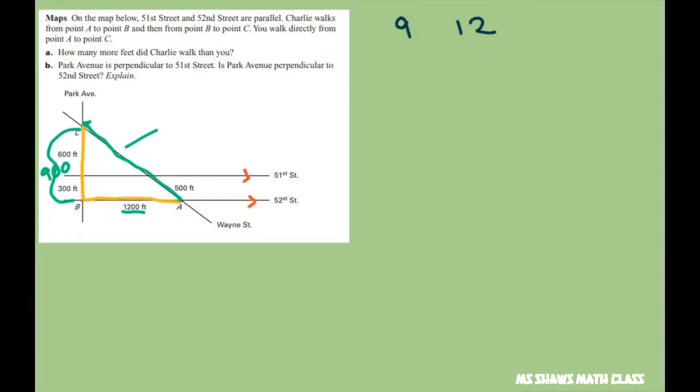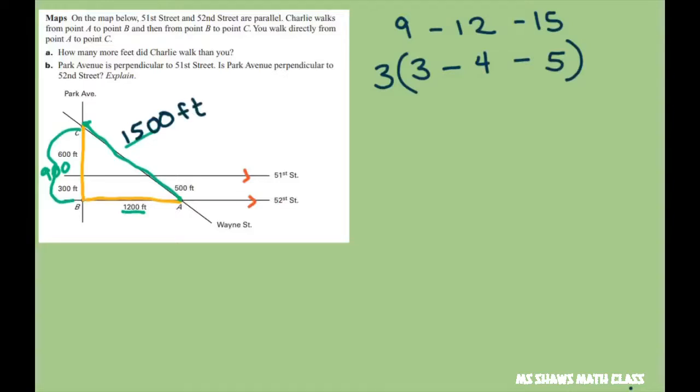Well, that's part of your Pythagorean triples. 3, 4, 5. And if you multiply your Pythagorean triples by 3, you get 9, 12, 15. So this number here is going to be 15, and then add the 2 zeros I took off.